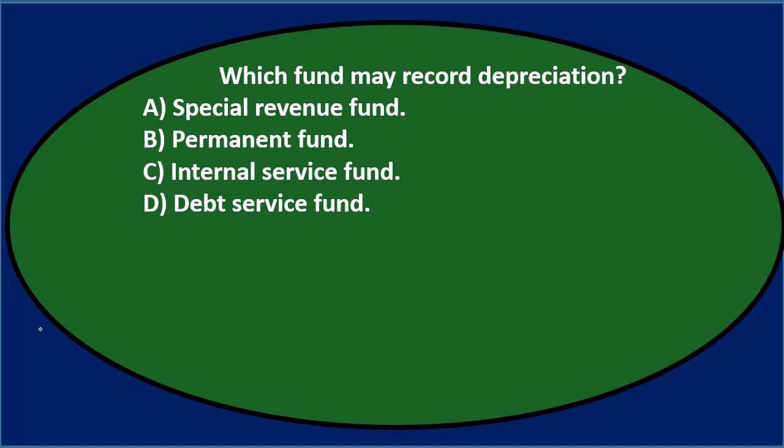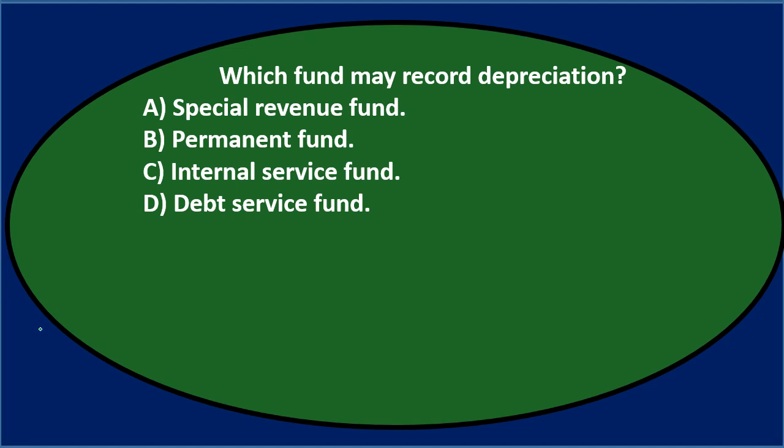When you're considering depreciation, you're thinking of the funds on an accrual basis, which we would record depreciation for, and those on a modified accrual basis, which we don't typically record because they're on a short-term basis. We're not recording the asset and the depreciation in the same way because that's a long-term type of activity.